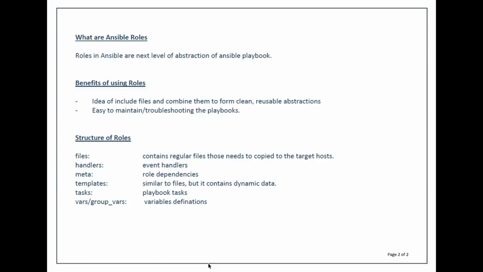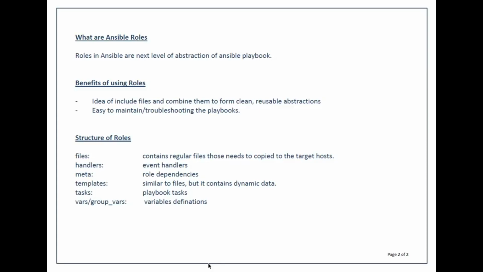Meta directory is basically role dependencies. So assume you've got two roles, one is database server, one is application server. You want database services to be started or configured first, then the application server. So you can set dependencies inside meta.